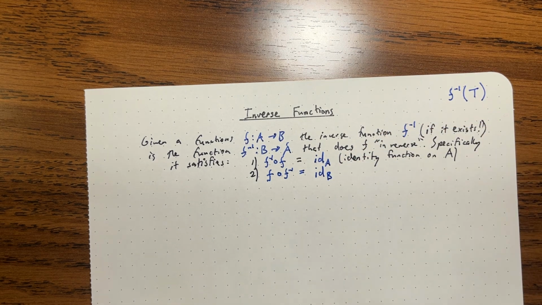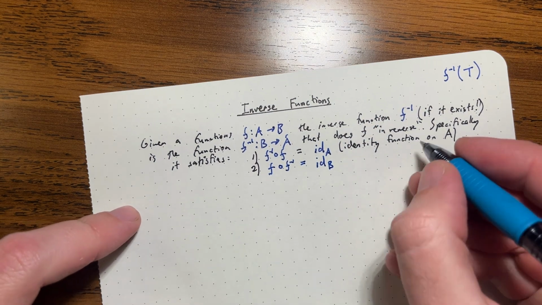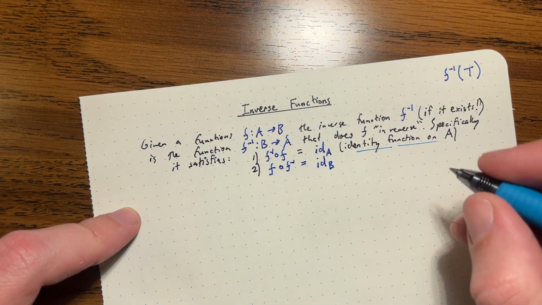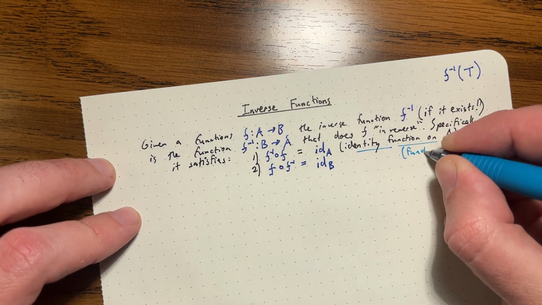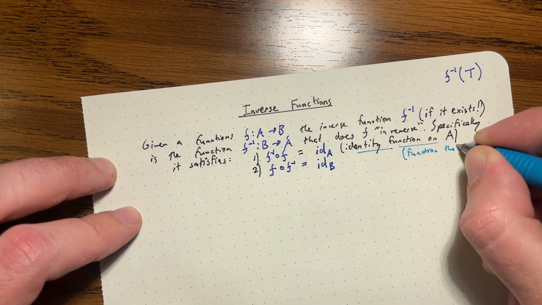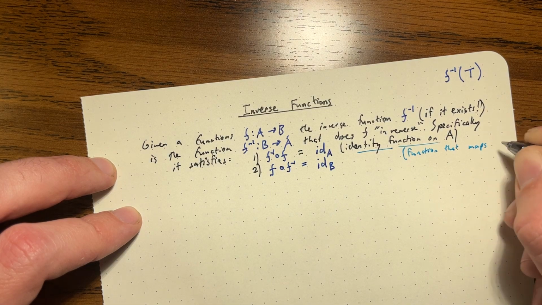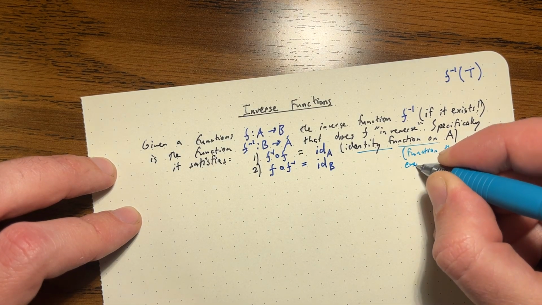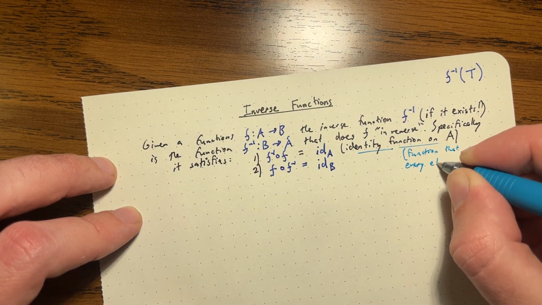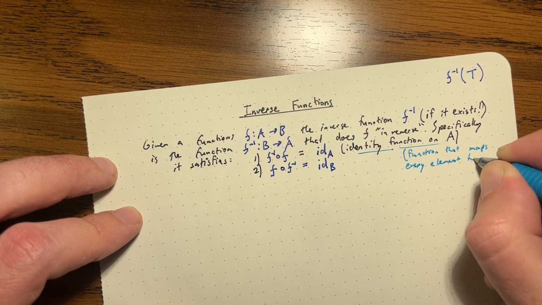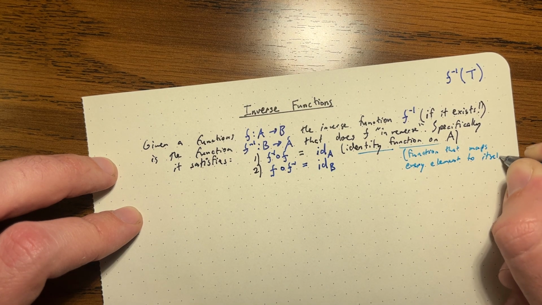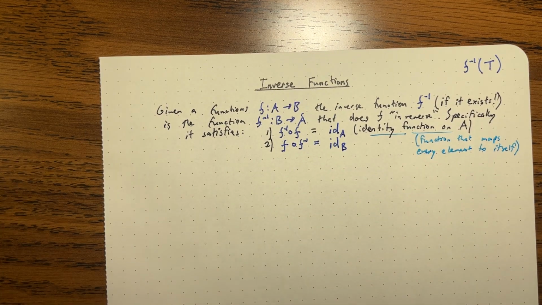So the identity function on B, the function that maps every element to itself. Okay, it essentially does nothing. So these are the two properties we want the inverse to satisfy.